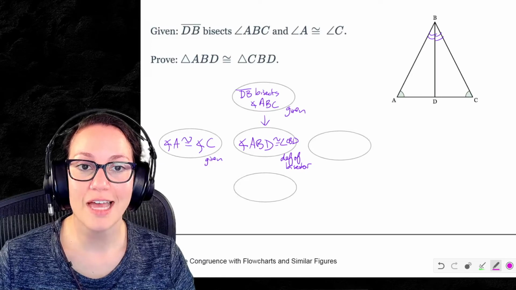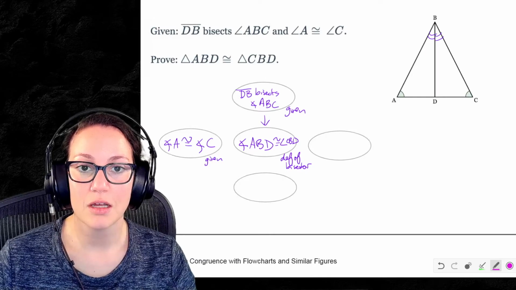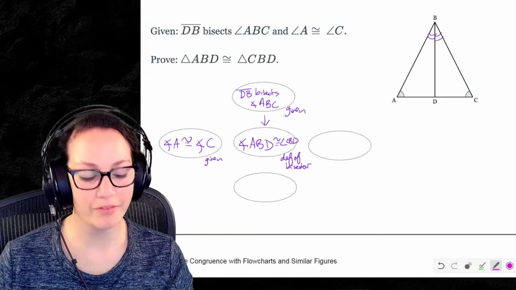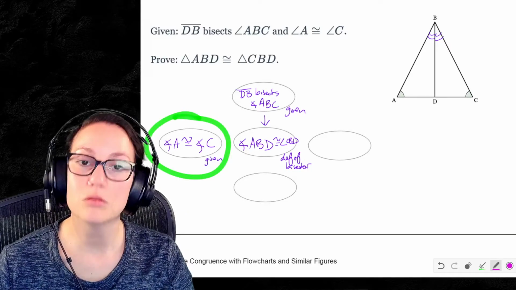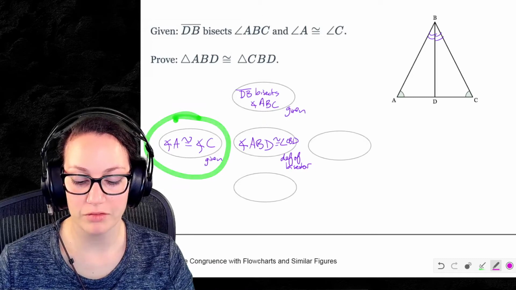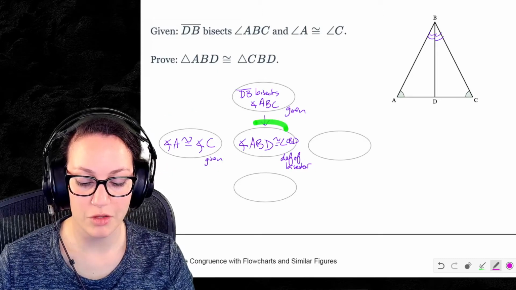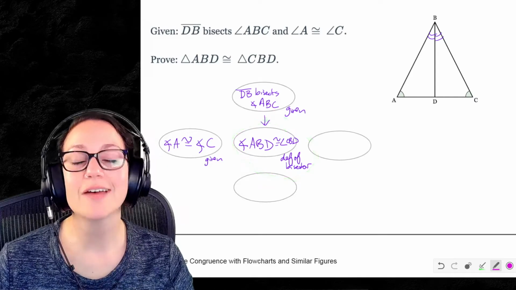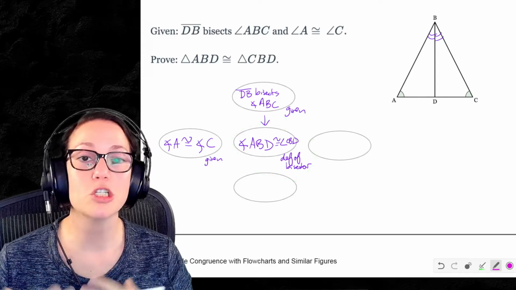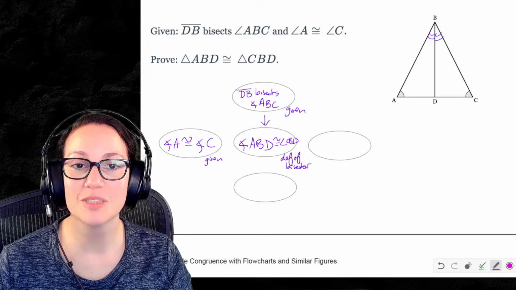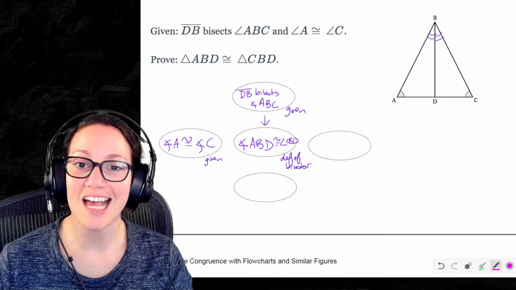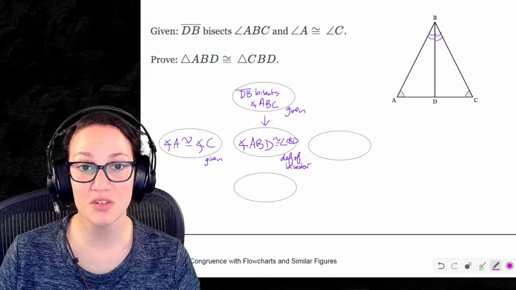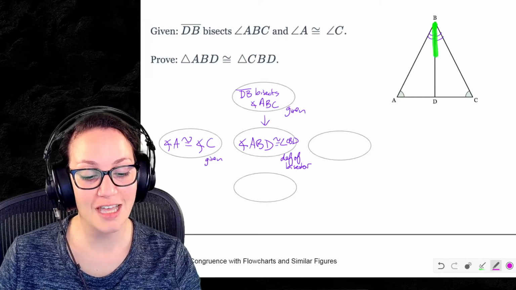Okay, last but not least, we need one more thing. So I'm going to sort of take stock of what I have. I have an angle. Good. I have another angle. Now, in order to use one of my 5 triangle congruence theorems, I need one side. Luckily, just like we had in our last proof, we have this side, BD.